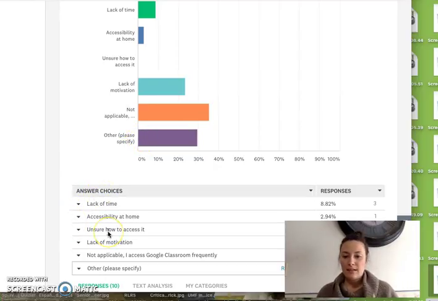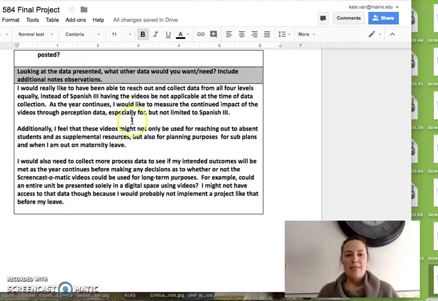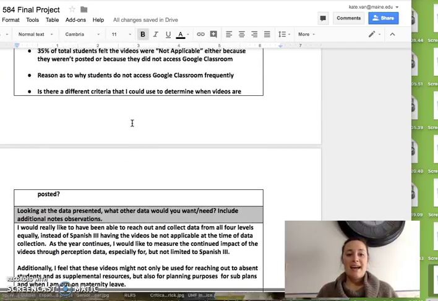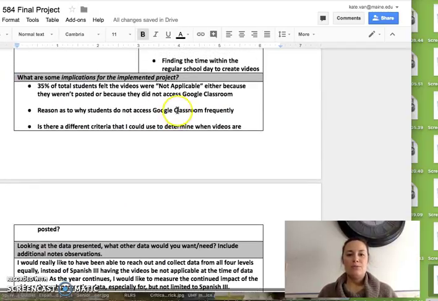So I find that interesting that students are saying that other teachers don't use it. But anyway, I wanted to just take a look at that data, because I think that really is interesting to see why students are not accessing Google Classroom, and therefore maybe not the video.